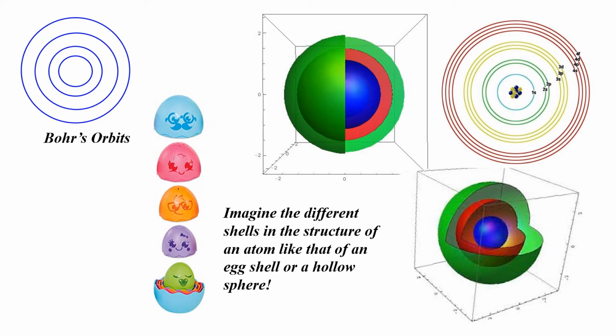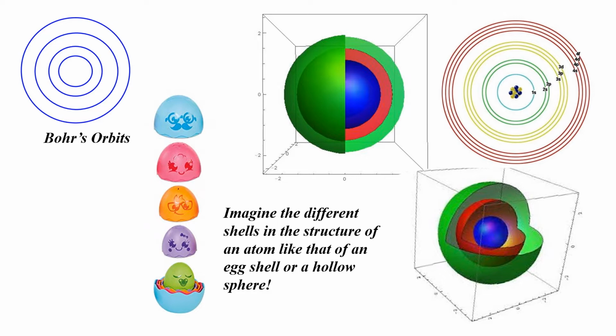An atomic shell or an energy level should have electrons which have certain energies trapped inside it. But this shell is not a physical shell. You do not have eggs inside an atom. Therefore, this shell is only imaginary, and imagine 90% chances of finding electrons within this imaginary shell.